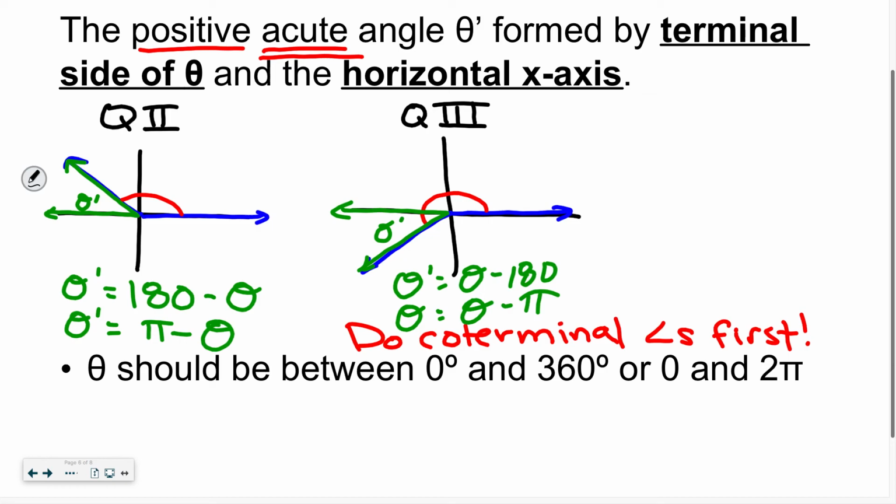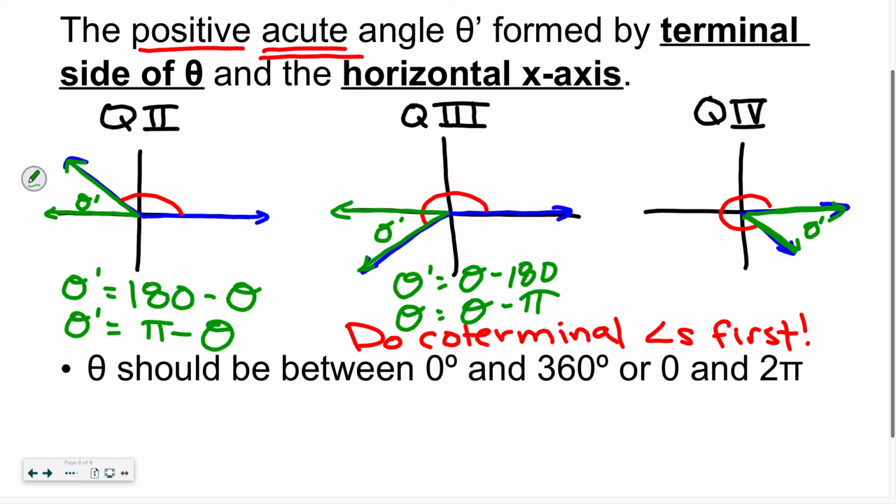All right, and then you could draw a similar picture for quadrant 4. Put your angle, terminal side somewhere in quadrant 4. This time we're finally moving back over to that positive x-axis. So we're coming up right here, is our theta prime.